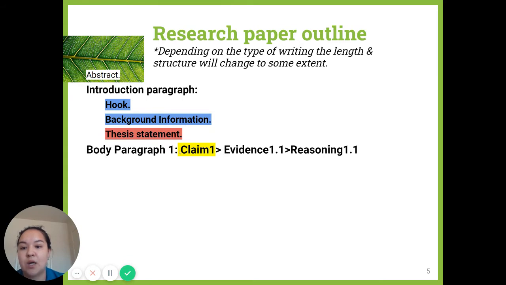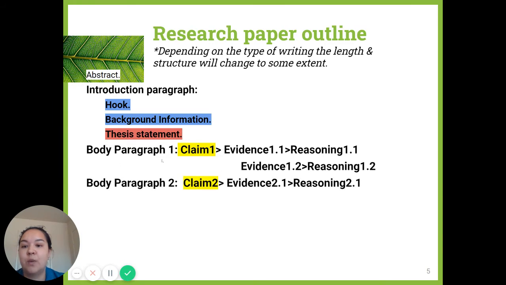Now, body paragraphs. You may start with a claim, evidence sentences, and reasoning sentences. Your body paragraph 1 may contain more than one piece of evidence. So let's set it as default.